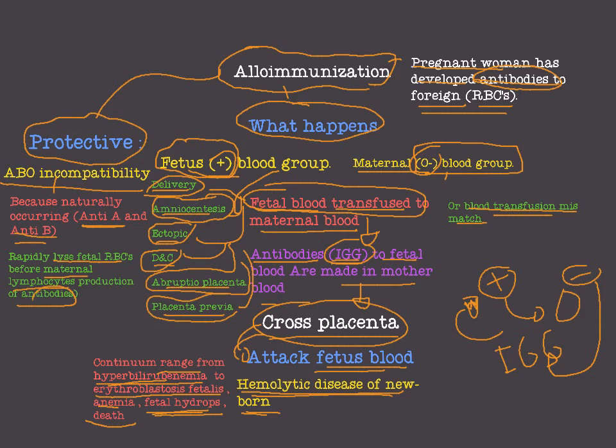So it precedes the action of maternal lymphocytes attacking the fetal blood, by lysing the fetal positive blood group with anti-A and anti-B, and by this it protects against the formation of the IgG antibodies.